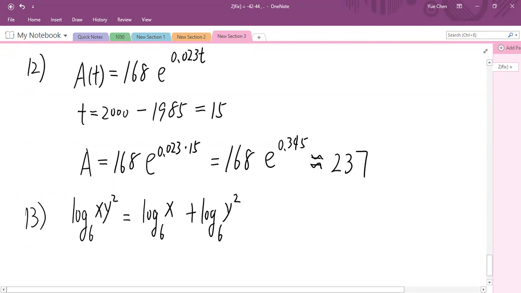Then we can take this power in front of the log, so it would be log base 6 of x plus 2 times log base 6 of y. So this is your answer, which is choice C.